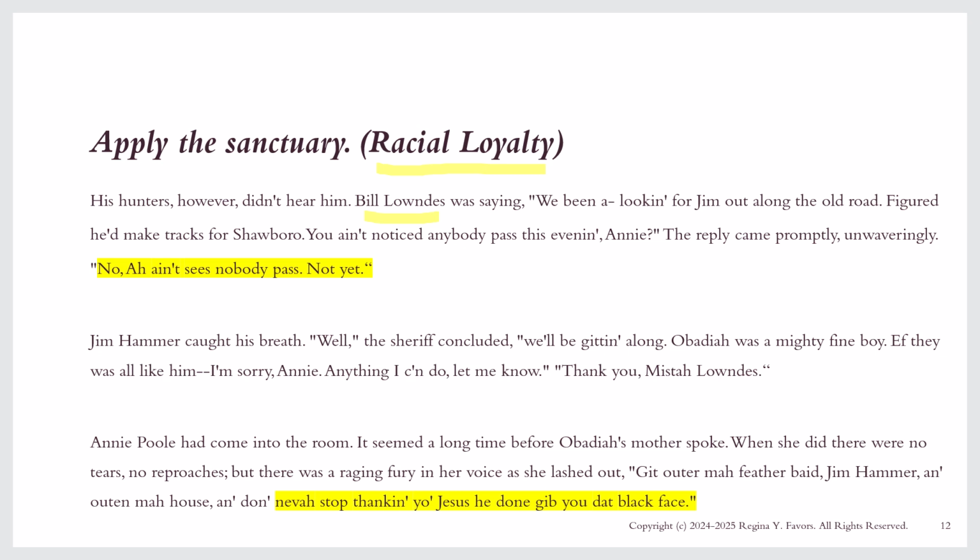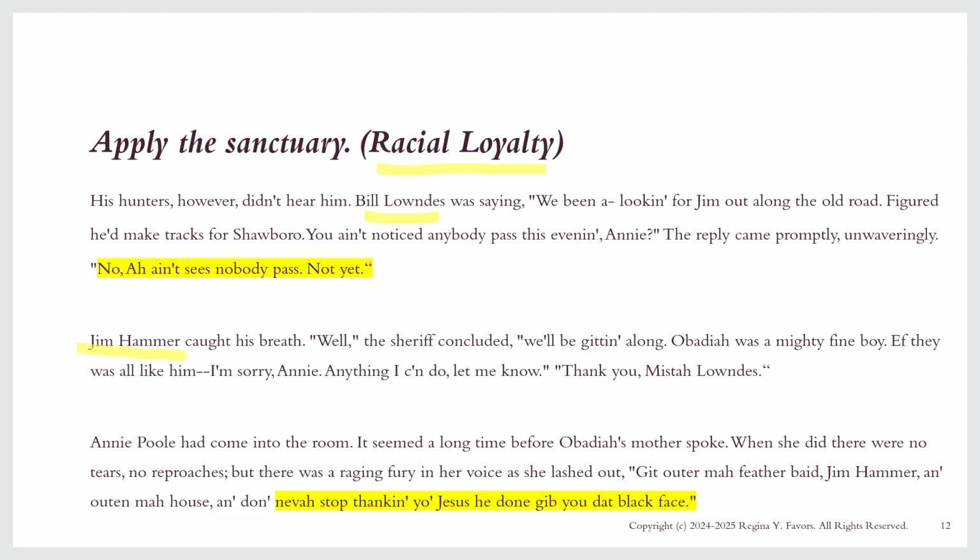So instead of doing the right thing in terms of turning him over, if Jim Hammer gets away with this, he's going to feel even more emboldened and escalate his behavior. He was already in a bad way in terms of stealing tires, running, and then shooting somebody, and didn't even know who he shot. He thought he might have shot a white man.